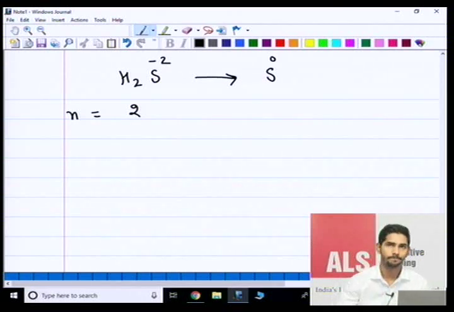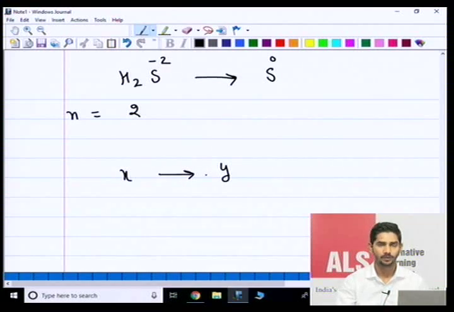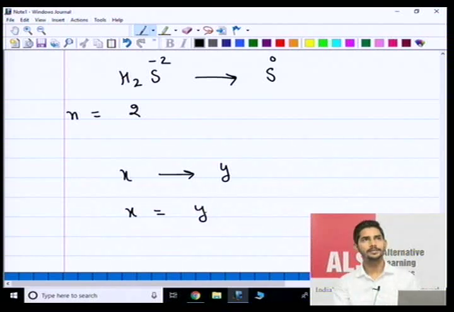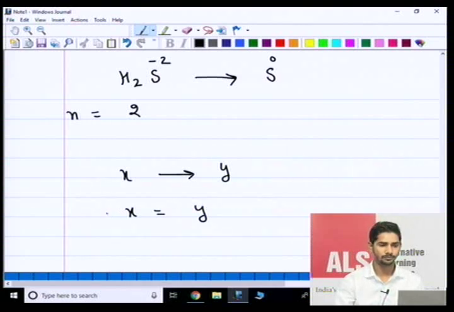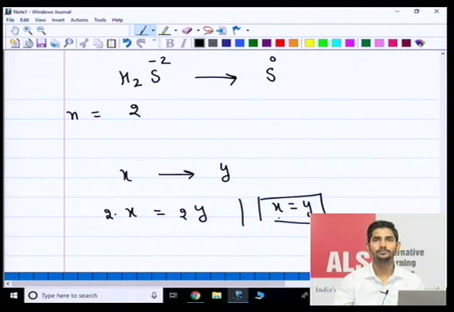Okay. Now relate this one. I'm saying x is converting into y. Now if I say x is equal to y, if I put any number with x, and if I put exactly the same number on the right hand side, can I say this is true?